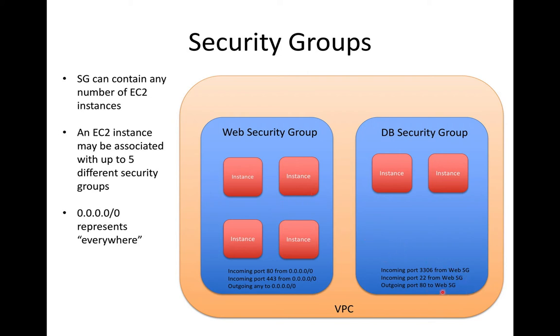So based on these ports, the servers that are out on the internet would be prevented from communicating with any of these EC2 instances in the database security group. And only instances within the web security group can communicate with these database security group instances, and only on these specific ports.